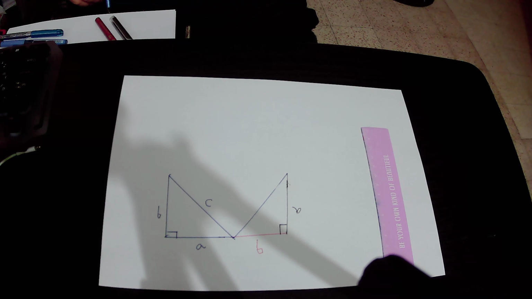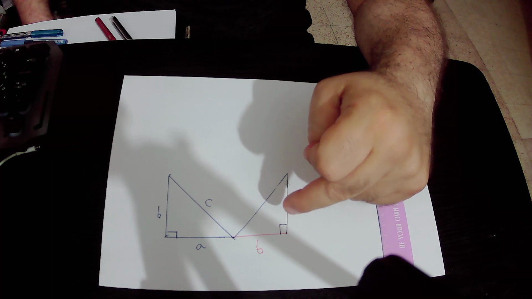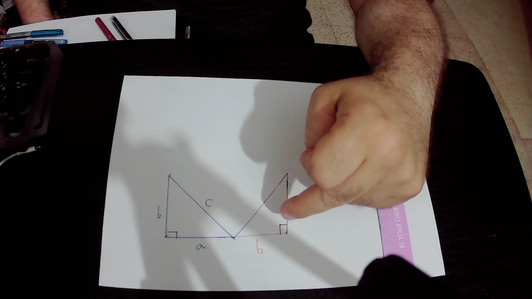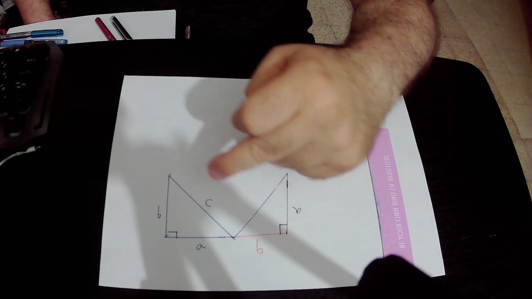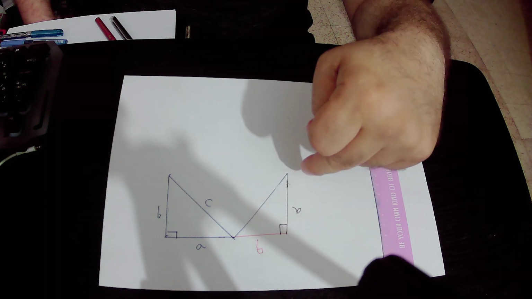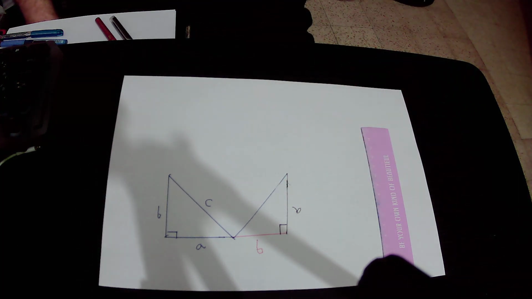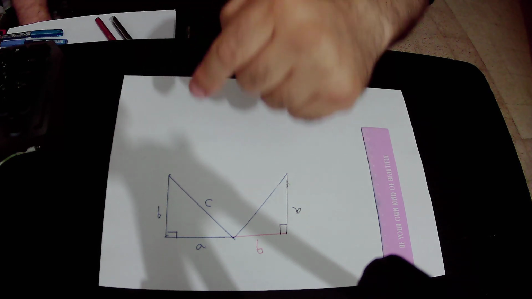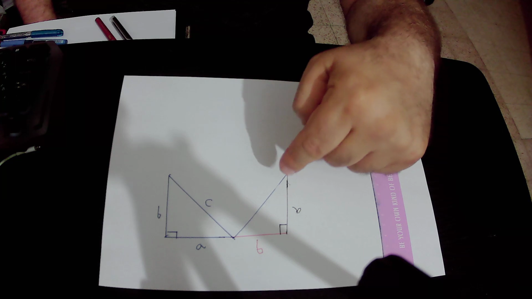Actually, we have two diagonals that are equal in two sides, because side B in the right diagonal equals side B in the left diagonal, and side A in the right diagonal equals side A in the left diagonal, and also the angle between side A and side B in the right diagonal is 90 degrees, and so is the angle between side B and side A in the left diagonal.